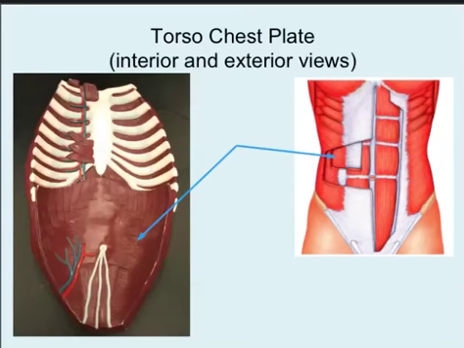The muscle indicated here is the transverse abdominis. Notice that on the model we can only see it by taking the chest and belly plate off and looking from behind towards the front. Notice the fibers run at a right angle to the long axis of the body.